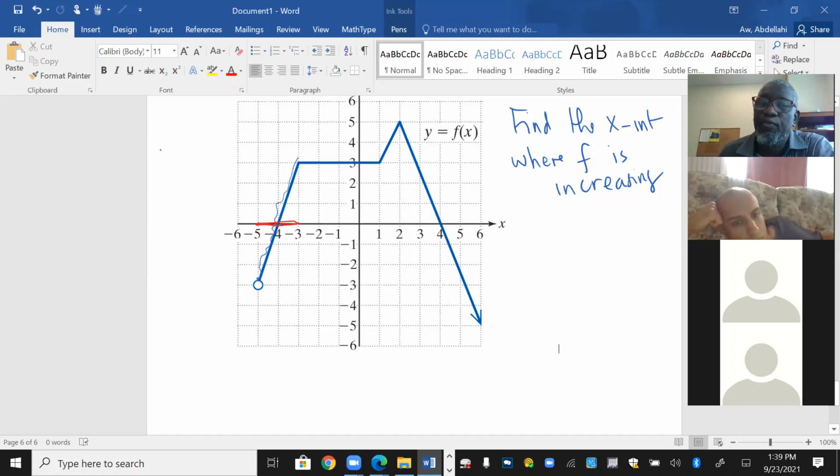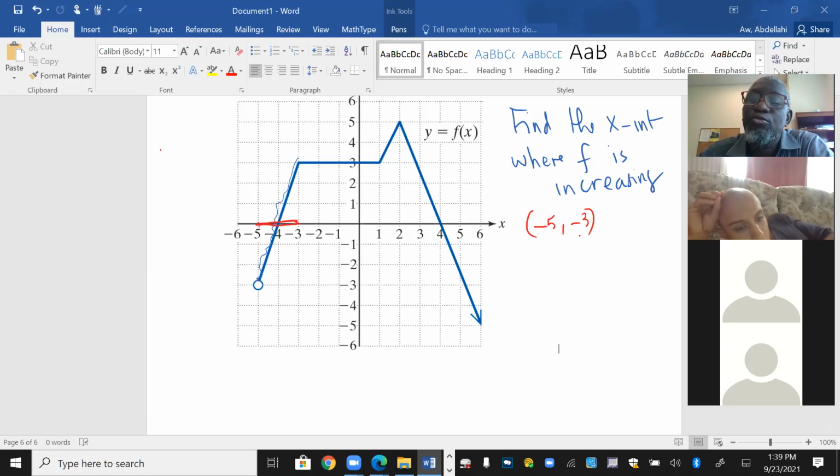So the first interval where the graph is increasing is from this x to this x right here, right? From -5 to -3, okay? All right, so f is increasing on the interval -5 to -3, right? What is the other interval where f is increasing? From what x to what x? 1 to 2.